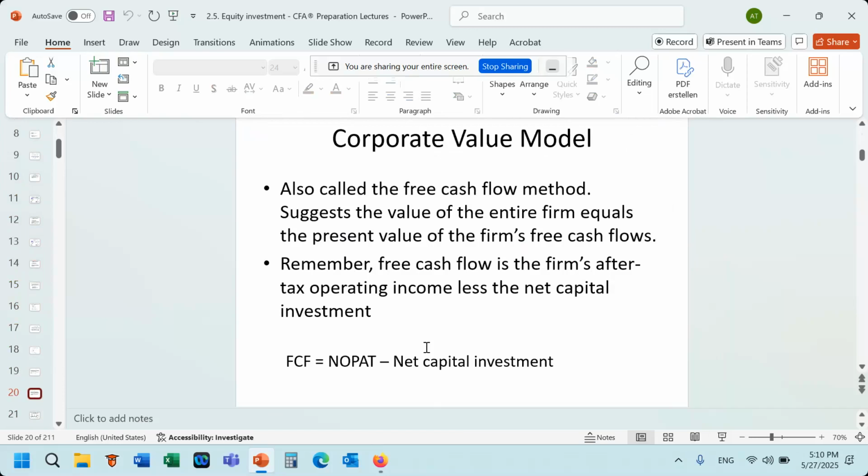A better way of doing the cash flows is to deal with free cash flows. One way of dealing with free cash flows is, after getting the cash flow, we deduct the investments that the firm has committed to make.